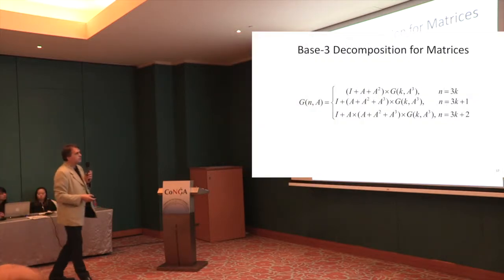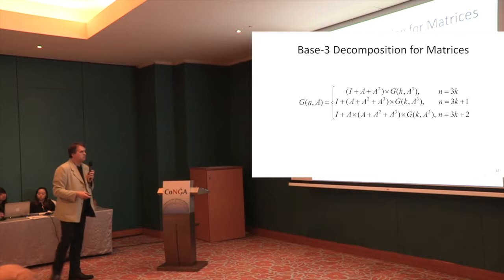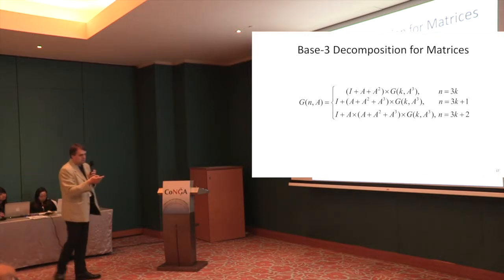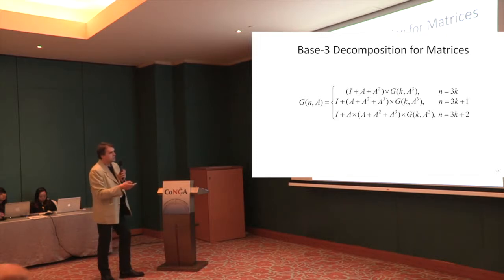But what if we convert the problem from size n to size n over 3? Well, the same decomposition is possible, and if the formulas are correct, and you look at the cost of converting a problem of size n to a problem of size n over 3, given the matrix A, it takes 1, 2, 3 multiplications.